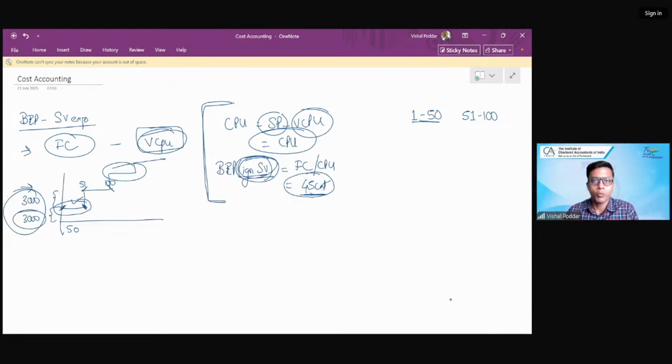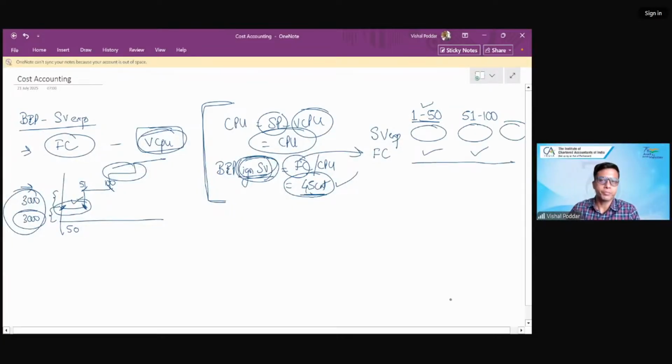Now you start from here, but you could start from any range. How it is decided from here, is this clear now? Yes, sir. Now what you will do is take the semi-variable expense and your fixed cost. Fixed cost is the same, which will remain the same in all the blocks, but the semi-variable will vary block to block.